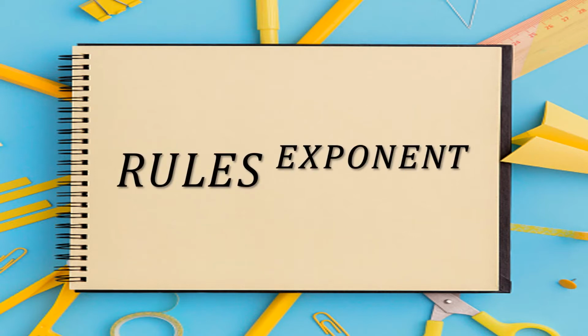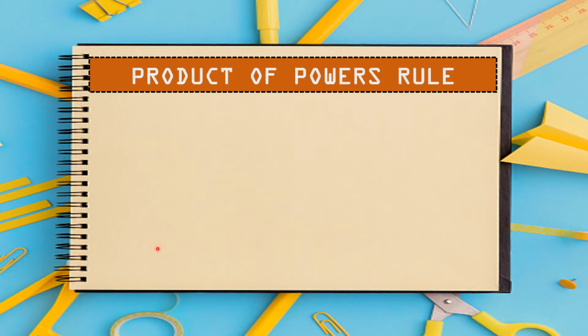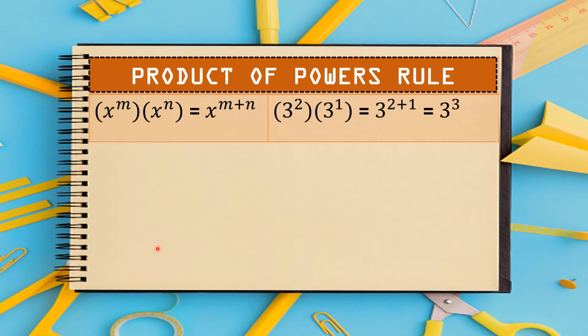Before we proceed with the new lesson, let us have a short recall regarding rules of exponent. Let us have the product of powers rule. It says that when x raised to m is multiplied by x raised to n, it is equivalent to x raised to m plus n.